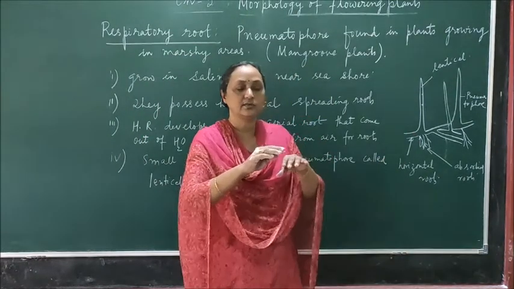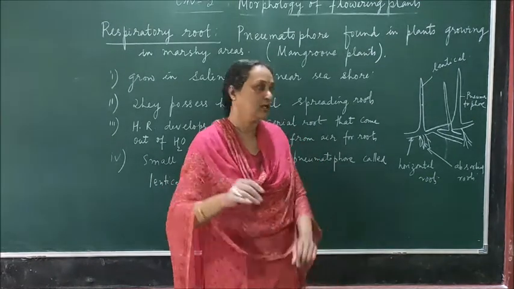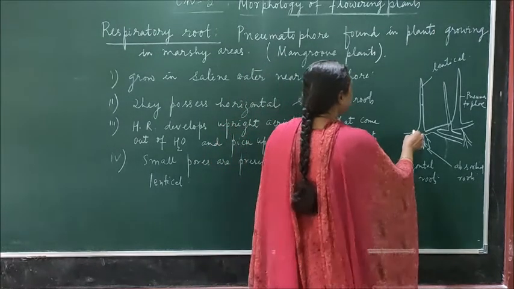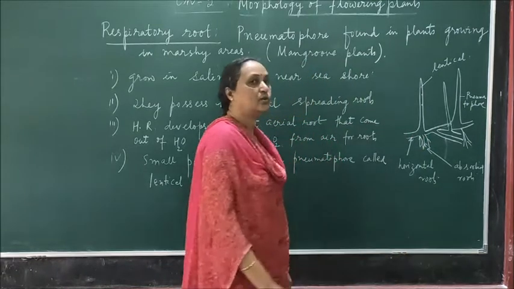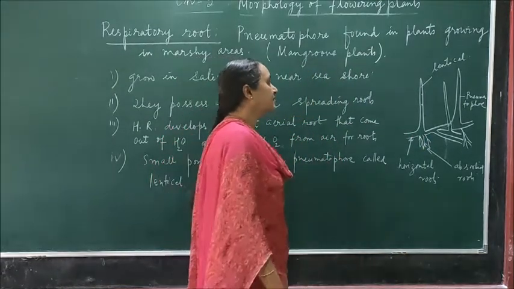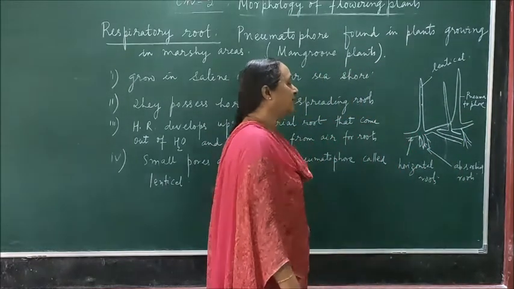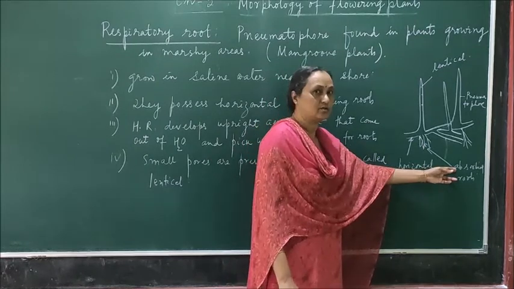There are roots growing horizontally on the soil. And from these horizontal roots, aerial roots develop. These are the aerial roots which grow in air. And these aerial roots are called pneumatophores. Also at the base of the aerial roots there are absorbing roots.